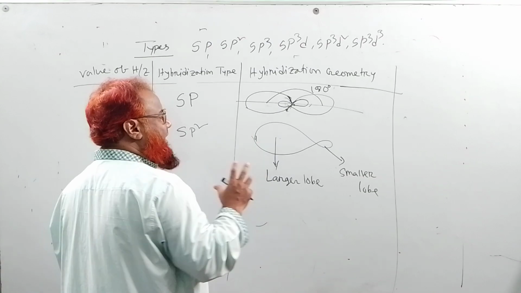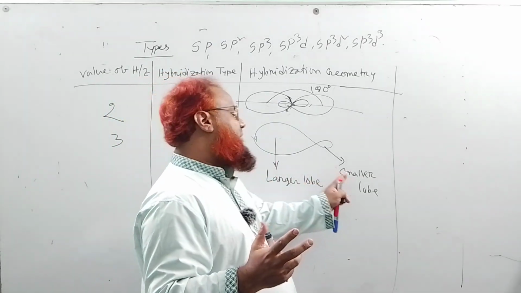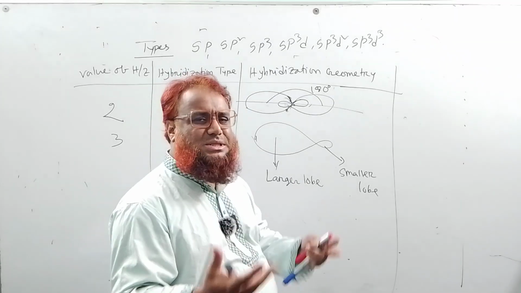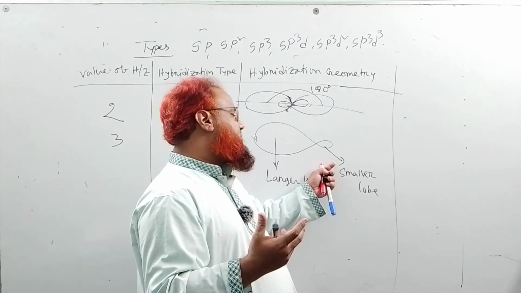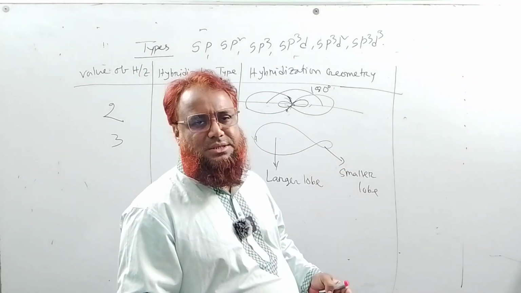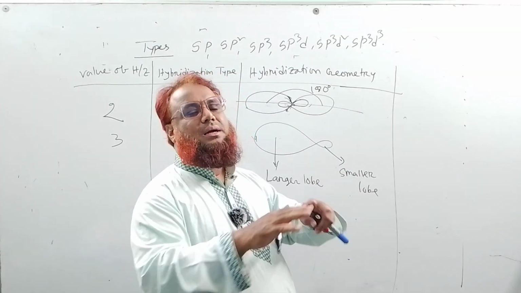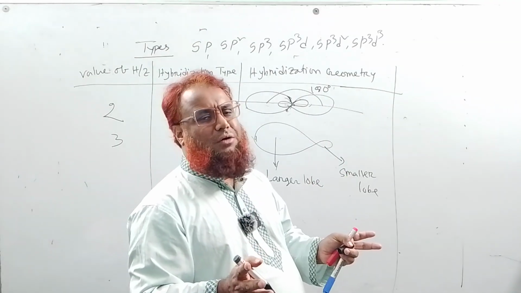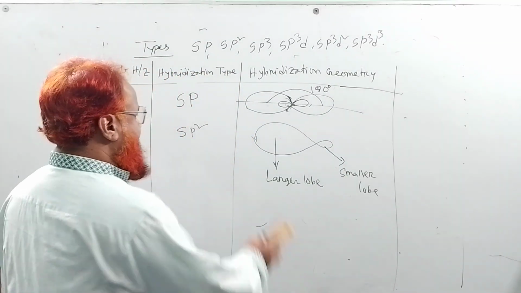So, every hybrid orbital has 2 parts, the larger lobe and the smaller lobe. But most of the time we draw only the larger lobe. So, avoiding this smaller lobe is not a major mistake. So, you can avoid that during the drawing of the diagram of a molecule.